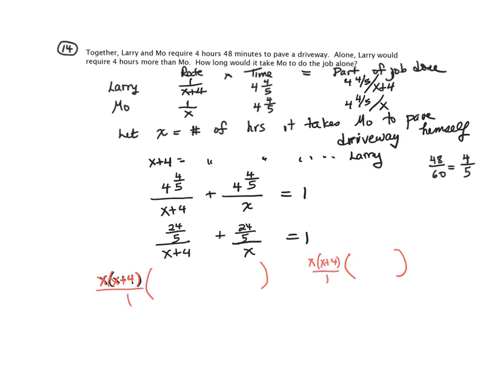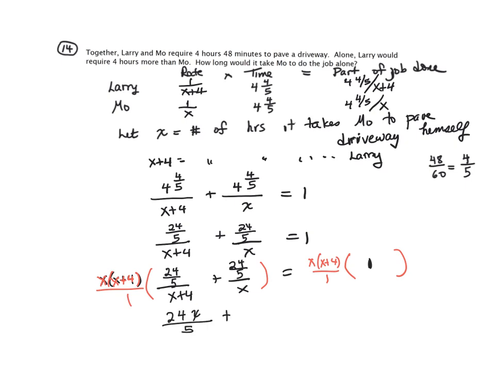So we recopy it. Okay, and when we distribute on the side with the addition, the x plus 4's divide through, so we get 24x over 5.